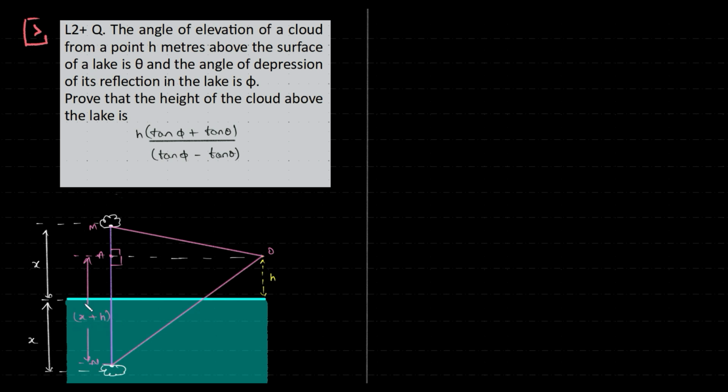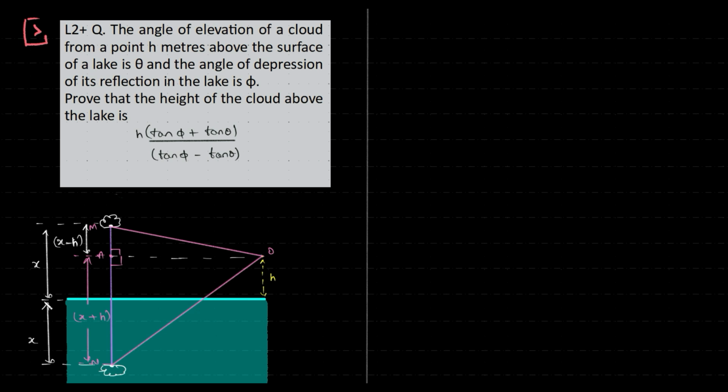Why is that? From the surface to the reflection, it is x. The remaining distance is h, so obviously the total distance is x plus h. And what about this? This length will be x minus h.